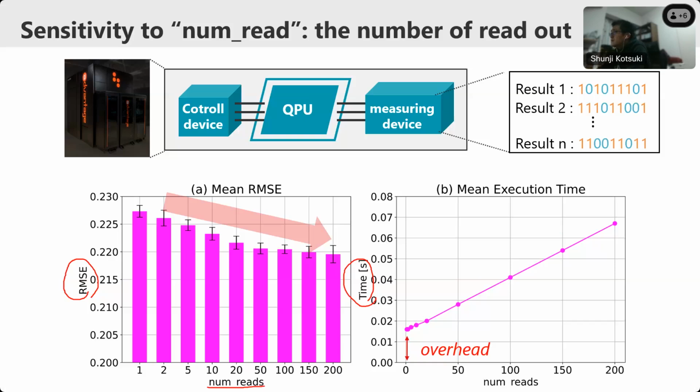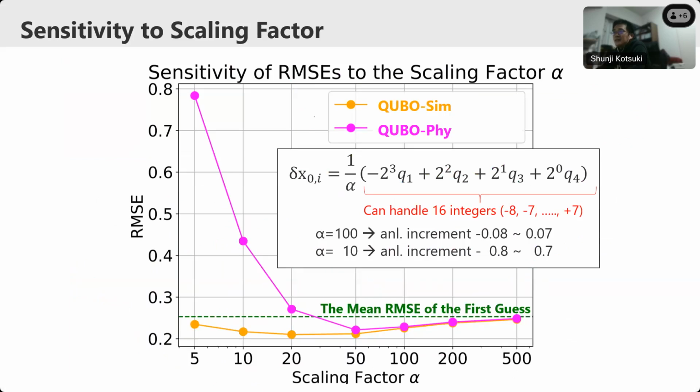Another important thing is that there is a tunable parameter, which is a scaling factor of this part. In our problem, we represent an analysis increment with 4 qubits, and that can handle the 16 integers from -8 to 7.